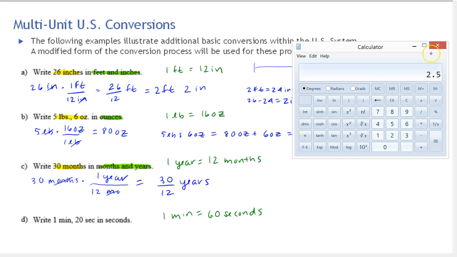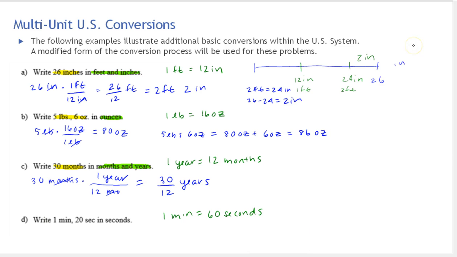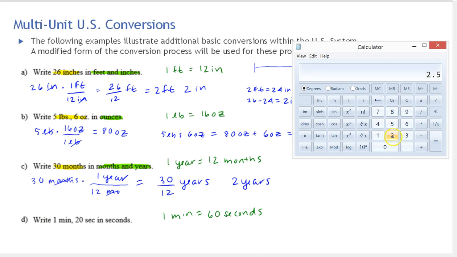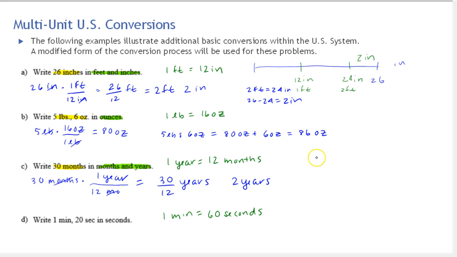You may know that half a year is 6 months, but let's work this another way for when we get problems that aren't as easy. So this is 2 years. And now we know that 2 times 12, so I'm using the 2 times the number of months, so there's 24 months in 2 years.